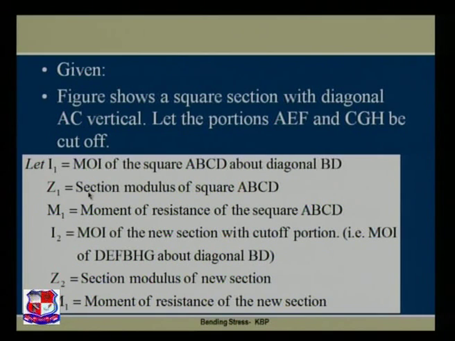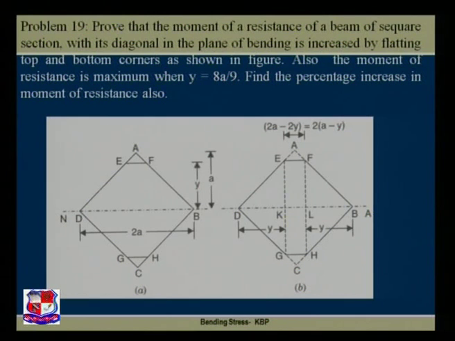Let I1 be the moment of inertia of the square ABCD about the diagonal BD. If you refer over here, this is the diagonal AC, this is the diagonal BD.